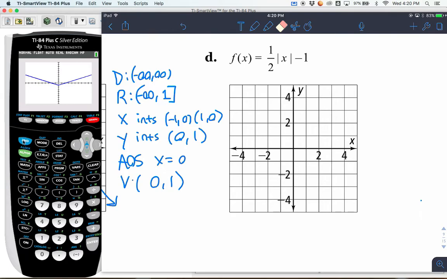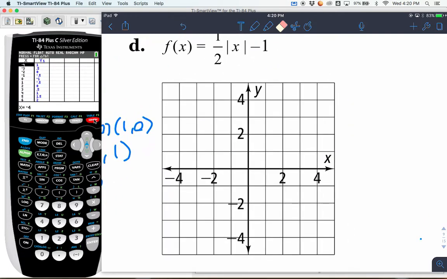Notice this one here is a little bit less steep in this case. So the points are a little bit different. Notice you got a bunch of 0.5s. I'm going to probably stay away from those and just use the whole number versions there. So you got (-4, 1), you got (-2, 0), you got (0, -1). Then it looks like we go back up.